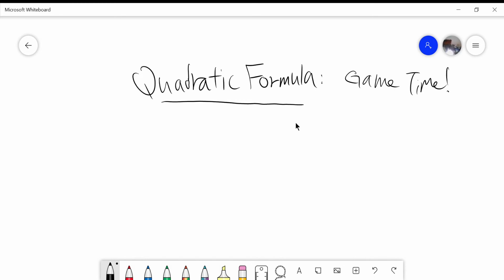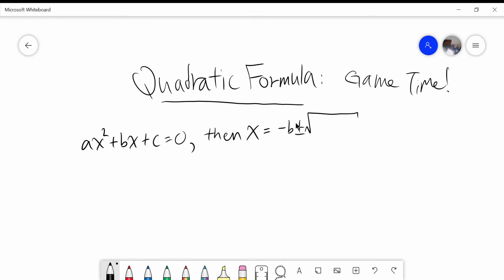So you probably know that ax squared plus bx plus c equals 0. This is a quadratic equation, and if that's the case, then the solution to x would equal negative b plus or minus the square root of b squared minus 4ac, all that over 2a.